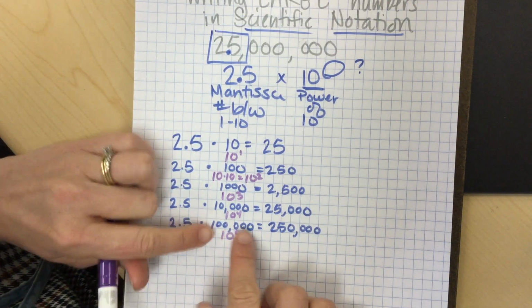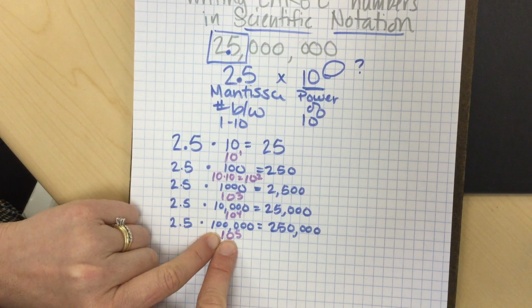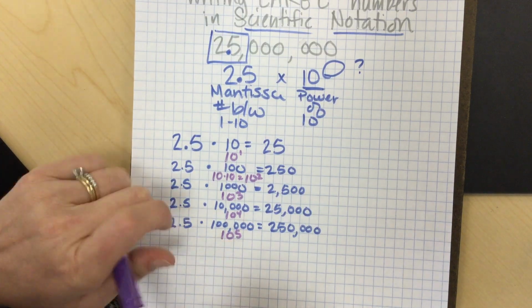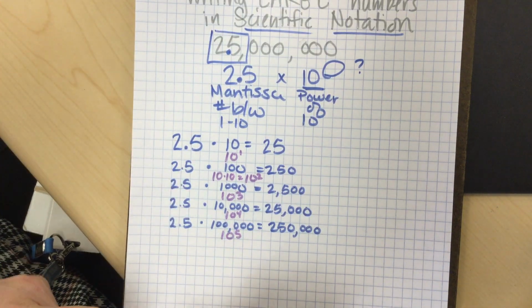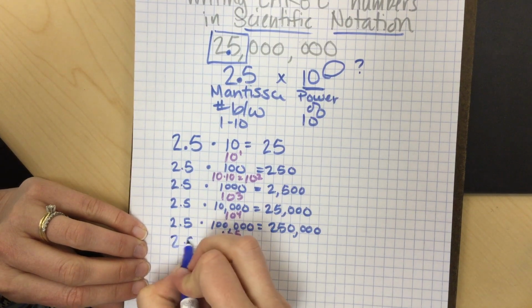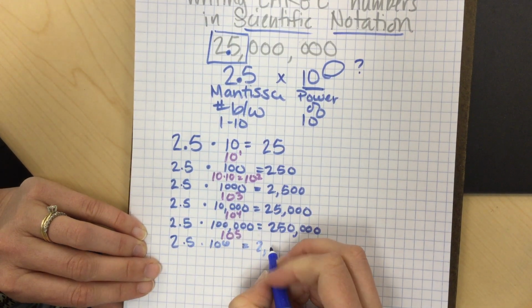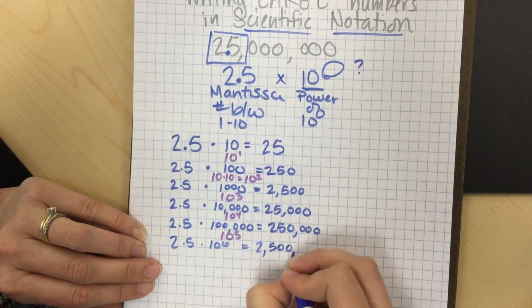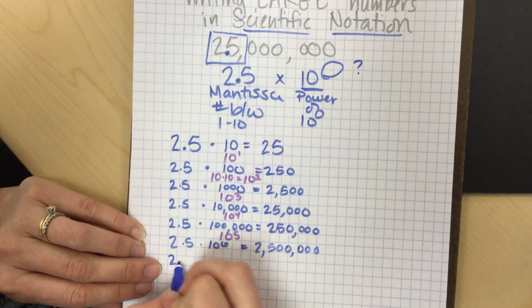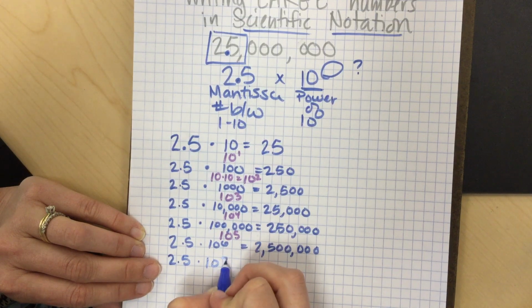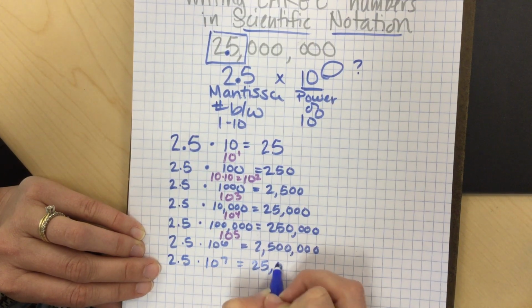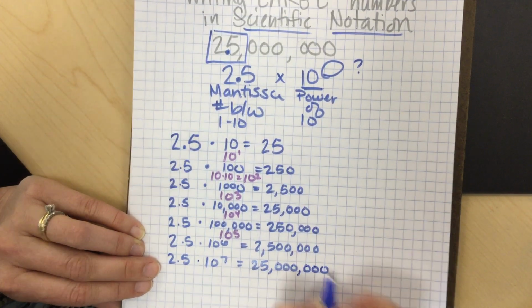This was getting pretty long for me to write, so I'm going to write it in this shortened version. If I continue with my pattern here, 2.5 times 10 to the sixth will get me 2,500,000. And 2.5 finally times 10 to the seventh will give me 25 million.